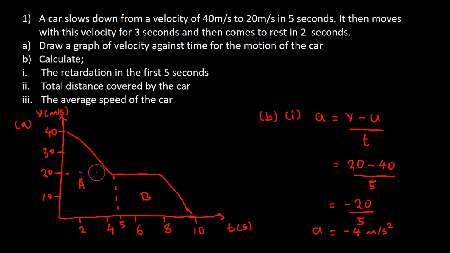Here it is the height, H, here it is A, and here it is B. From here to here, our A is 20, our H is 5, and the B here is 40.